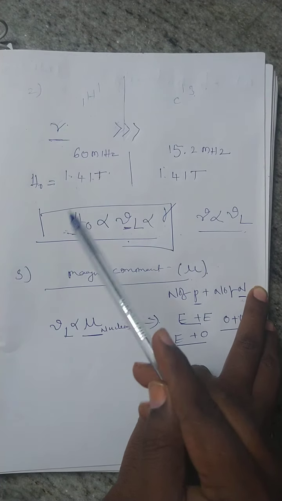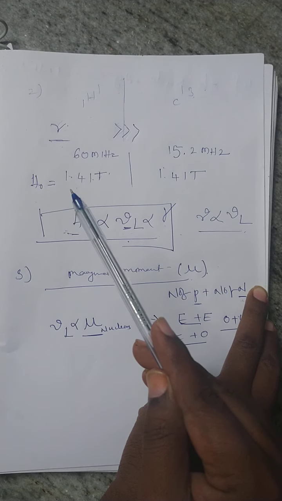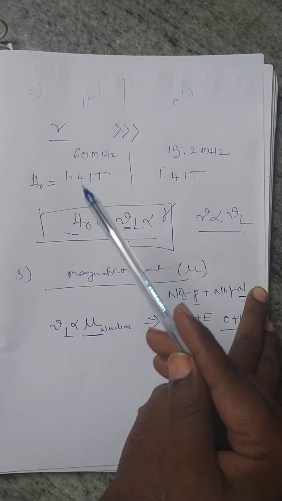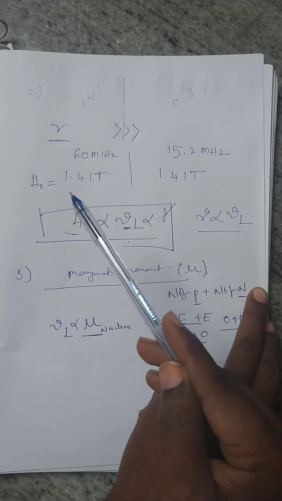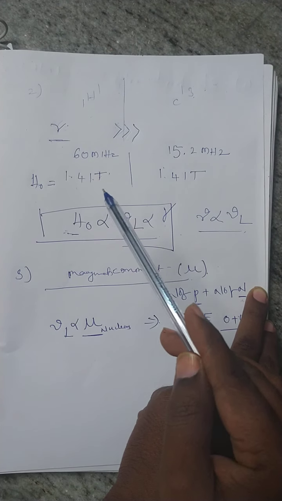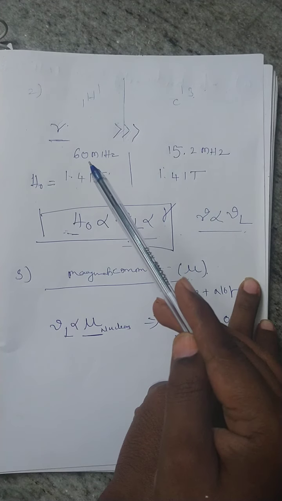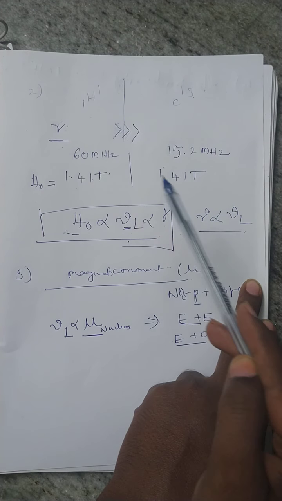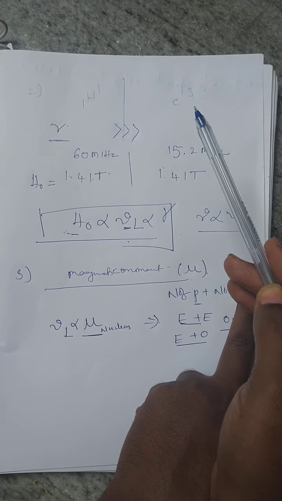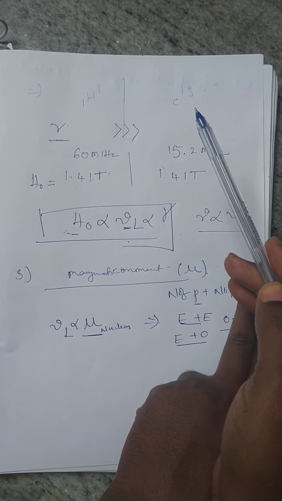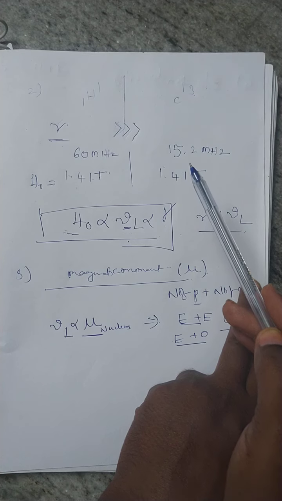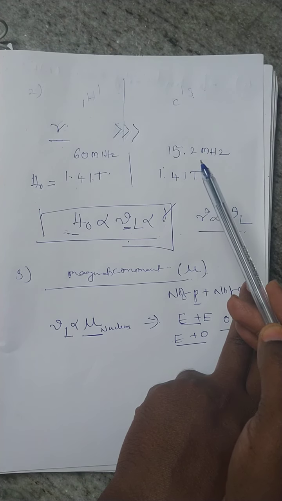So in a case where you irradiate this proton and carbon-13 with the same external magnetic field, that is at 1.41 Tesla, as we discussed, this proton precesses with a 60 megahertz frequency, and at the same time the other nucleus, carbon-13, which has a relatively 4 times lower gamma value, precesses at 15.2 megahertz.